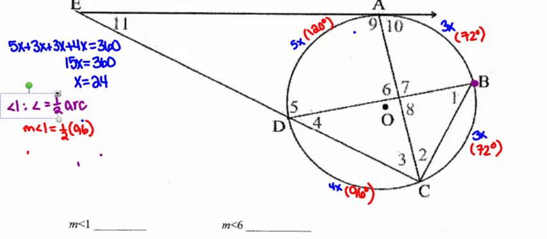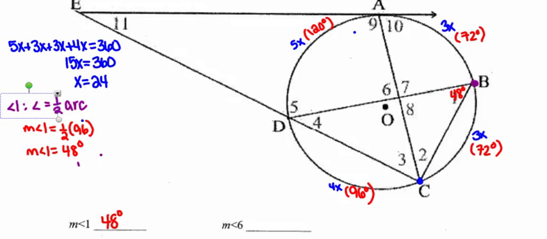Half of 96 makes the measure of angle 1 48 degrees. Notice that I'm going to label it in the picture because perhaps at some further point I can use that to help find the angles in the triangle, or I can use it to find linear pairs. There's probably a lot of other ways I can use that angle.